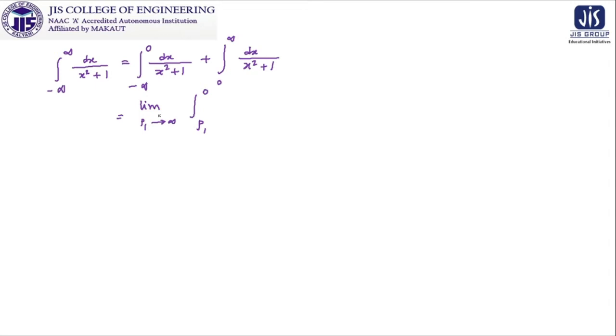To make it more simple, I am writing p1 tends to minus infinity. So it will be the limit as p1 tends to minus infinity of the integral from p1 to 0 dx by x square plus 1, plus the limit as p2 tends to infinity of the integral from 0 to p2 dx by x square plus 1.